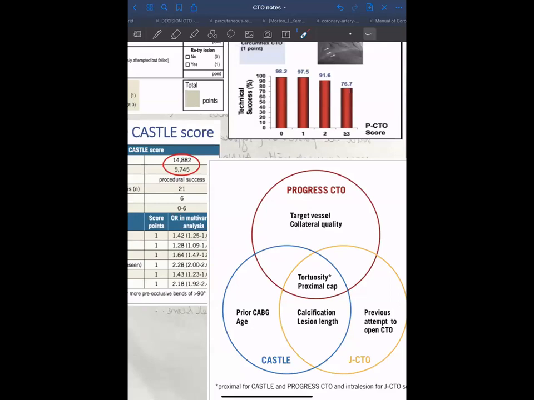As we've already seen, JCTO has previous attempt to open a CTO alongside calcification and lesion length, and also tortuosity and proximal cap. Proximal cap, as we can see, is a part of all these, and that is the most important thing among all the scores. PROGRESS CTO has a target vessel and also collateral quality, and CASPLE, as we know, has CABG and age as extra points.